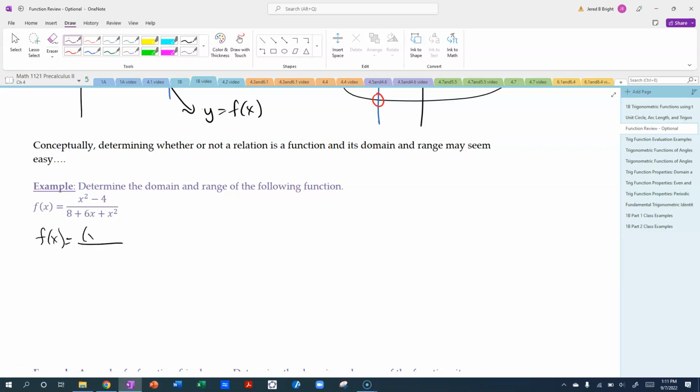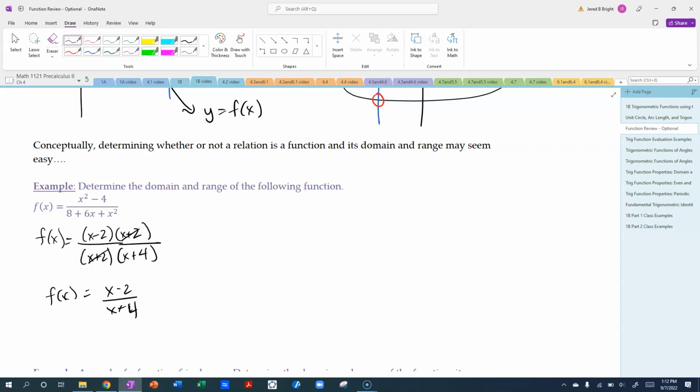So we factor the numerator and denominator: x minus 2, x plus 2, and the denominator is x plus 2, x plus 4. Then you can say, oh, there's a common factor, reduce, and f of x is actually x minus 2 over x plus 4.